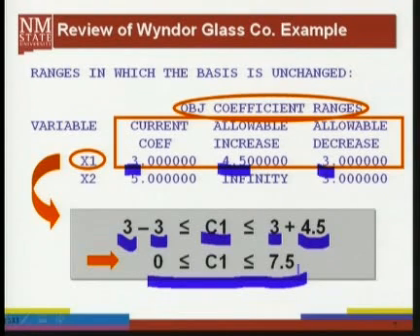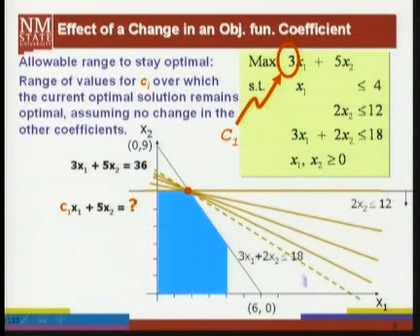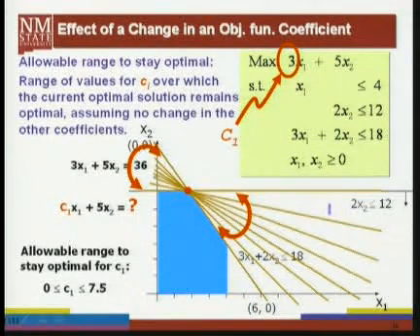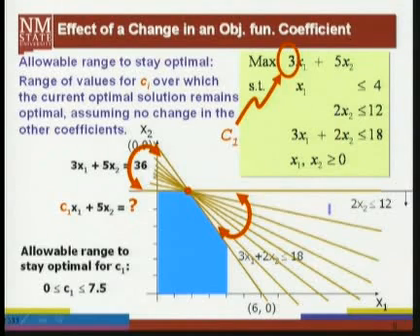That is the current optimal solution. Of course, the window glass profit will change even in these ranges, okay? And graphically, we have shown that if all other parameters remain unchanged, within these ranges, the objective function coefficient may vary without changing the optimal solution, right?